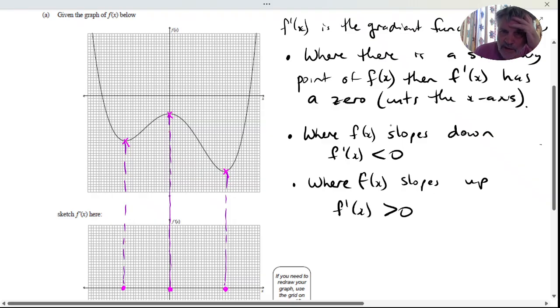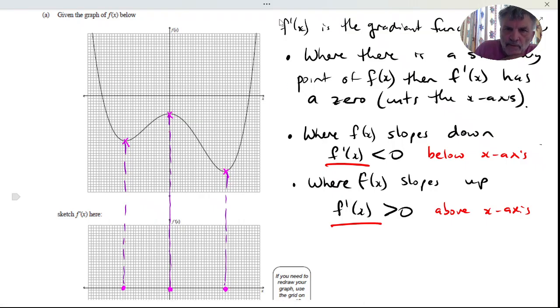So this one's below the x-axis. This one's above the x-axis. That is above the x-axis in the graph of f prime of x and below the x-axis. And f prime of x is nothing to do with whether this is above or below the axis. Nothing to do with f of x.